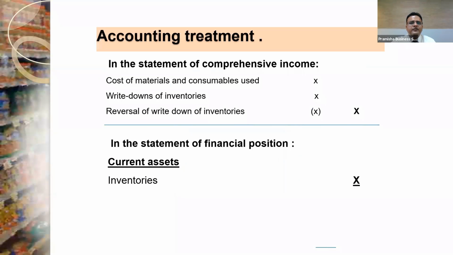So in the statement of comprehensive income, we'll be recording the cost of materials and consumables used, write down of inventories, and reversal of write down of inventories. Now, if you have reduced any inventory and in future the price reverses, we can reverse it to the extent of cost. Now listen to my line carefully. Reverse it to the extent of cost. Because if you reverse any inventory beyond cost, we are actually trying to enter into the revaluation model, which is not allowed in IAS 2 Inventories.